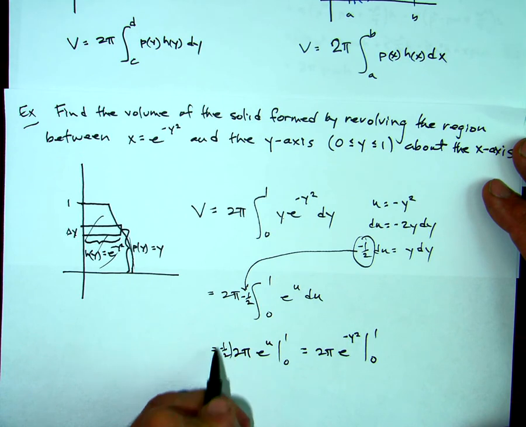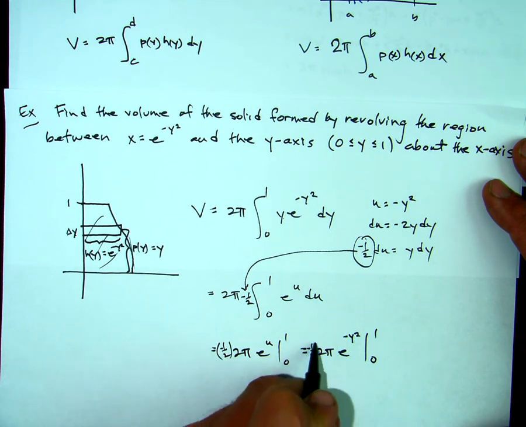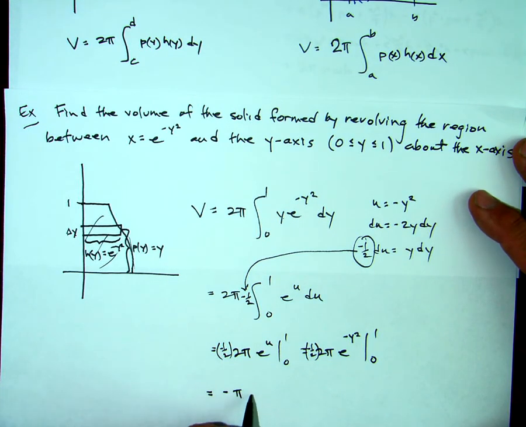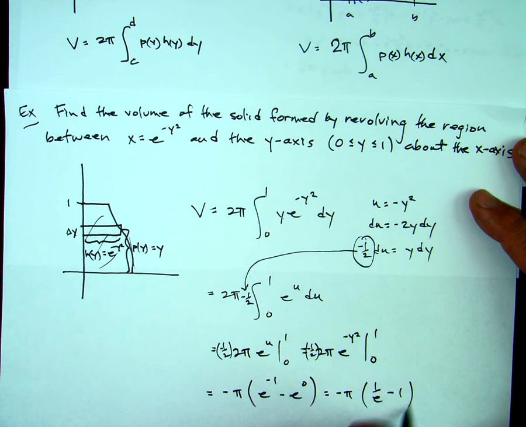Negative 1/2 times 2 pi, that's going to just give me negative pi, and then I'm going to have e to the negative 1 squared, which is e to the negative 1, minus e to the 0, or negative pi times (1 over e minus 1). Finally, if I just want to distribute this negative, I would have pi times (1 minus 1 over e).